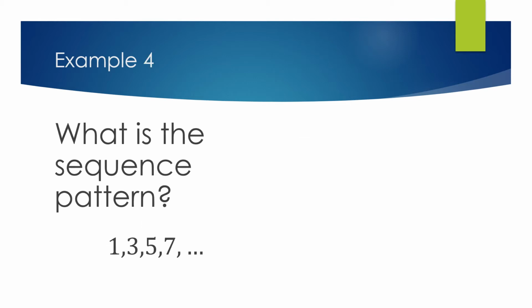Example 4. What is the sequence pattern? Well, we see we have 1, 3, 5, and 7. Go ahead and pause the recording and determine what the sequence pattern is.